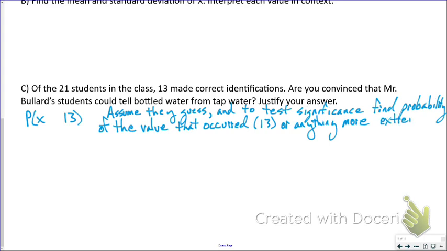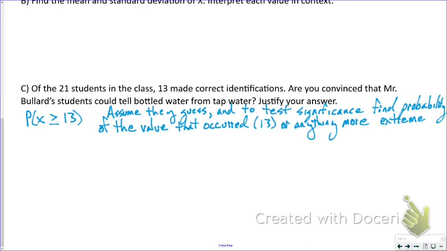So that means I need to find the probability of x greater than or equal to 13. And that's just the rule of significance. It's this hypothesis concept where if 13 happened, now the question becomes, what was the likelihood of 13 or more occurring? All right, because we want to get this shaded region, this rejection region of whether or not they're guessing.